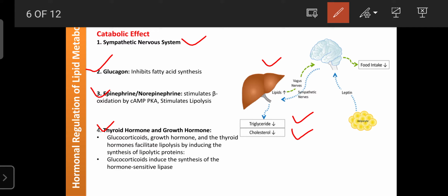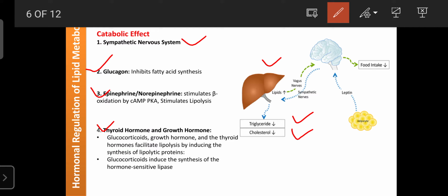Like glucagon: glucagon is a hormone secreted from the pancreas by the alpha cells. This glucagon is mainly involved in the regulation of glucose. When the glucose level is less than normal, glucagon is released and enhances the blood sugar level.